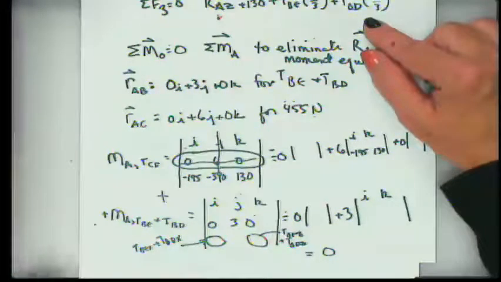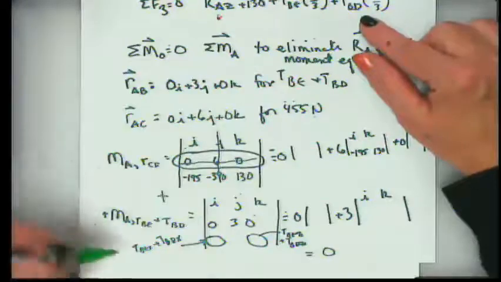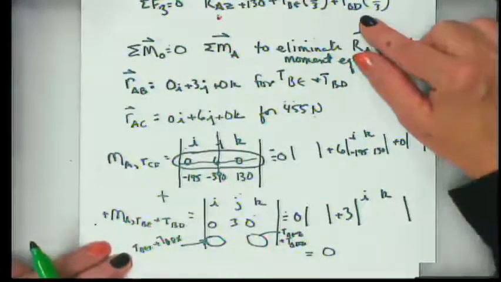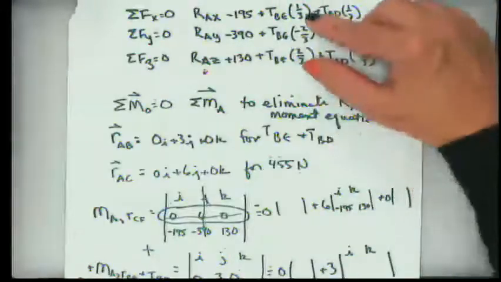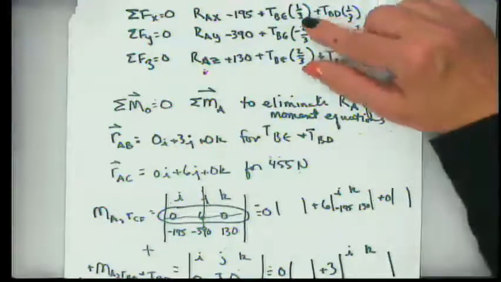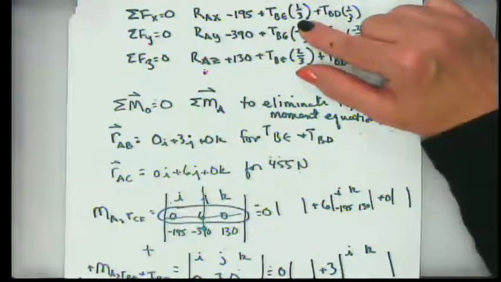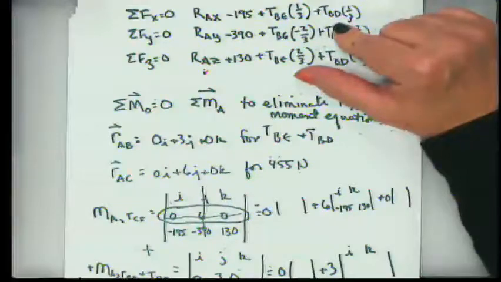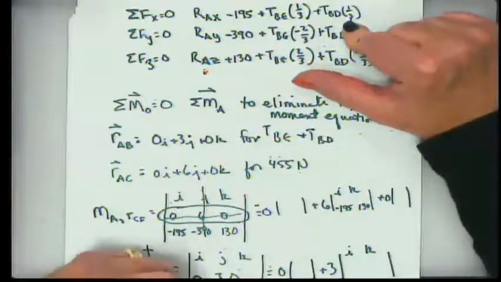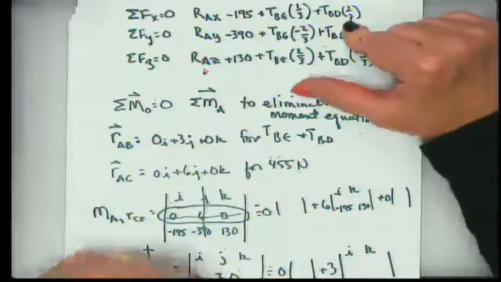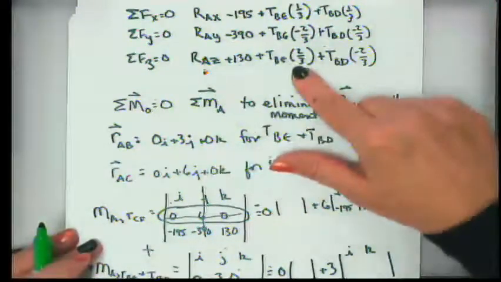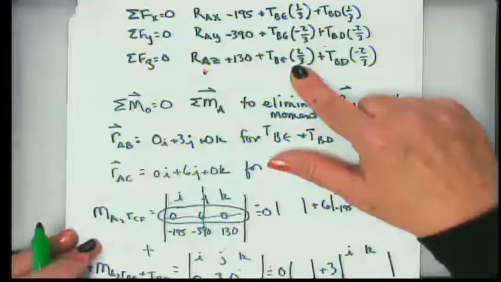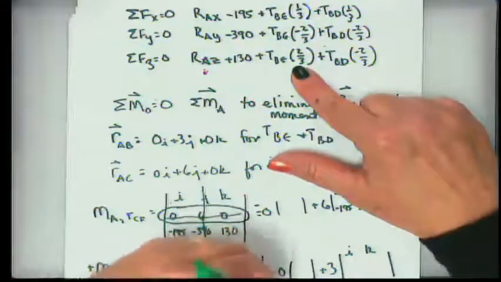So, continuing with that, if I look at my components of tension in the X direction, I have 1/3 TBE plus 1/3 TBD. So I can factor out the 1/3, and I can just call this 1/3 times TBE plus TBD. And over here in the Z direction, I can factor out a 2/3, but this time it's going to be minus.